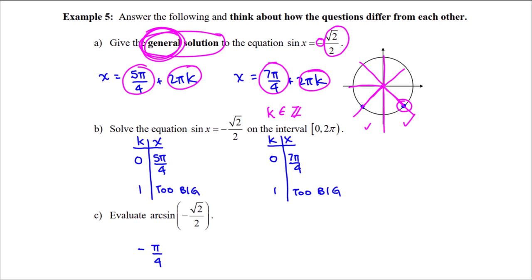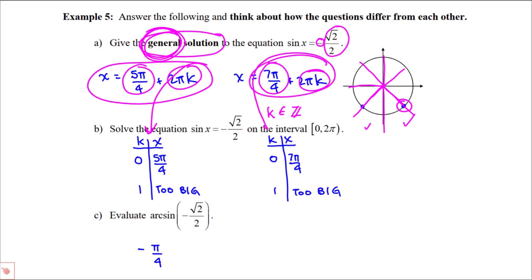Like we did before, we took the general solution and plugged it into a table. When I plugged in 0, I get the 5 pi over 4. If I plug in 1 for k, this is 2 pi plus something. Do you hear it? If you have 2 pi plus something, it's going to be bigger than 2 pi, and it's too big.